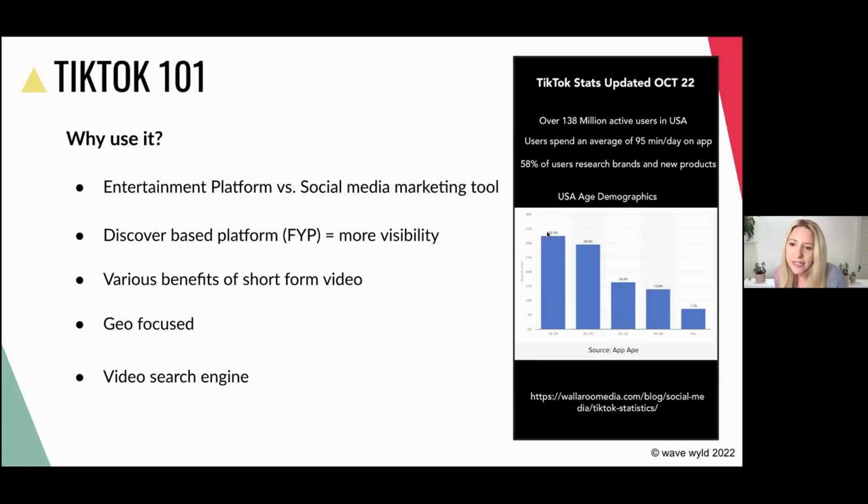Yes, 10 to 19 is at 32.5%. 20 to 29 is at 29.5%. 30 to 39, 16.4%. The millennial rate is the fastest growing rate of users on TikTok. And then Gen X, yes, they are there. However, it is smaller, but there are all ages on TikTok. It is not just an app for teenagers anymore. Lots of adults there too.